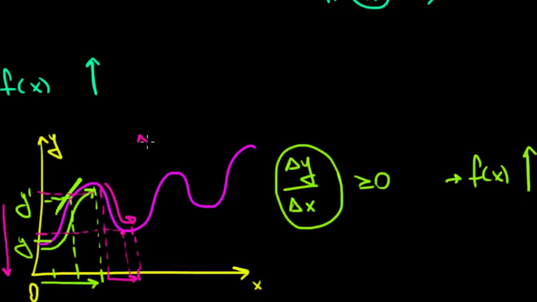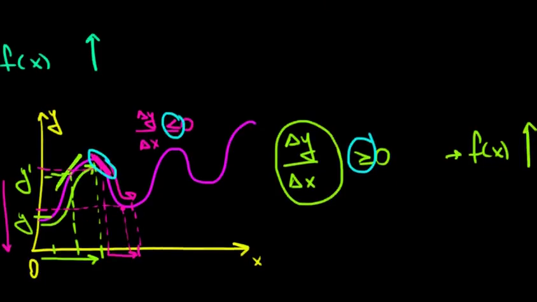So delta y over delta x becomes negative in that case. So the slope of the tangent line is negative. And visually it makes sense, because indeed we have a downward sloping line. This is sloping downwards, so that's why it has a negative sign. But this slope over here goes up, that's why it has a positive sign. So the derivative has to be positive for the function to increase.